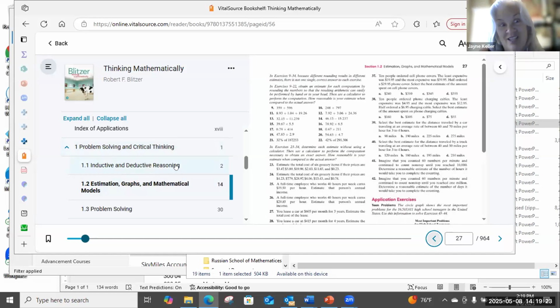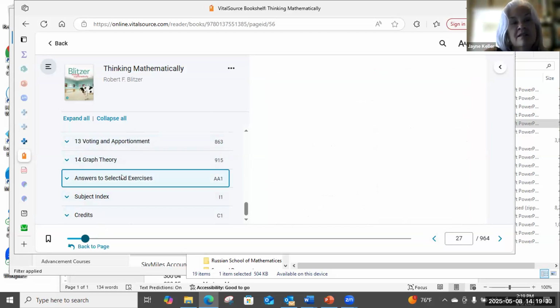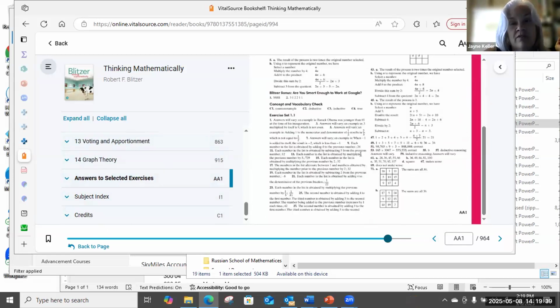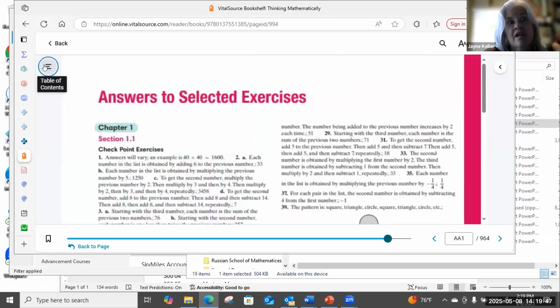You can actually go and see whether you did it right. To get those answers, you just scroll down to the bottom of your table of contents, where it says answers to selected exercises. You can scroll through and see all of the answers section by section. Once I get to where I want, I click on this little circle to get rid of the table of contents so that I have a nicer view.